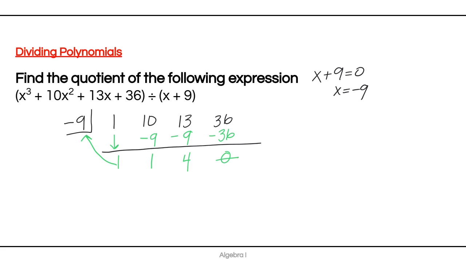So if I started off with x to the third, my quotient has to have x squared. So that means we're going to have x squared plus 1x plus 4. So my quotient is x squared plus x plus 4, and in this case there is no remainder.